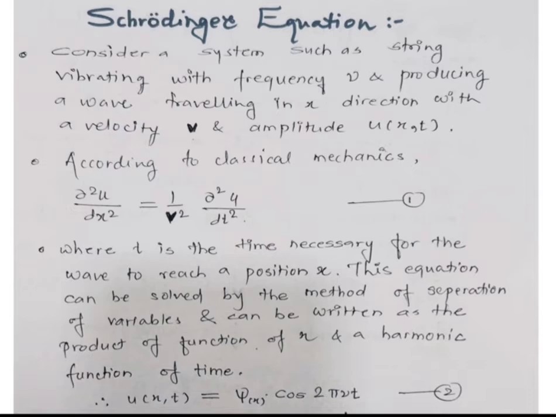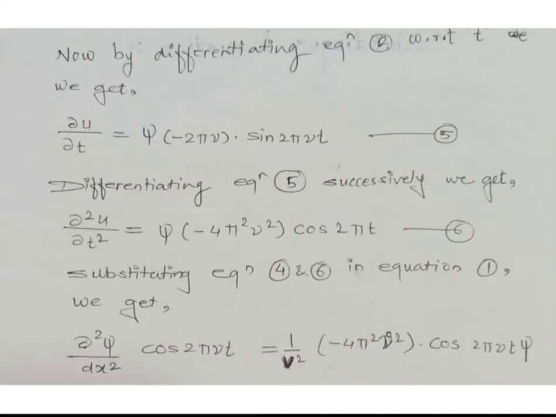From equation 4 we get the value of del square u divided by del x square, and from equation 6 we get the value of del square u divided by del t square. So just put equation 4 here and equation 6 here and write the equation as equation number 7.